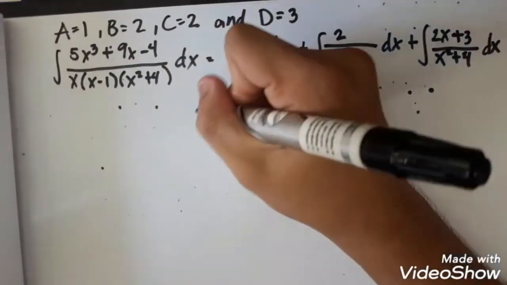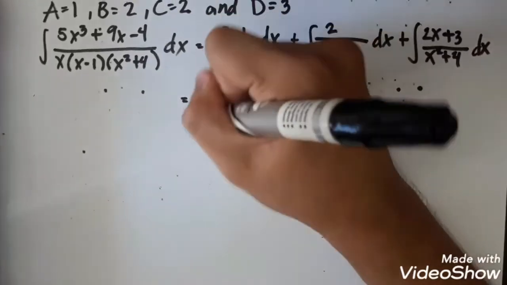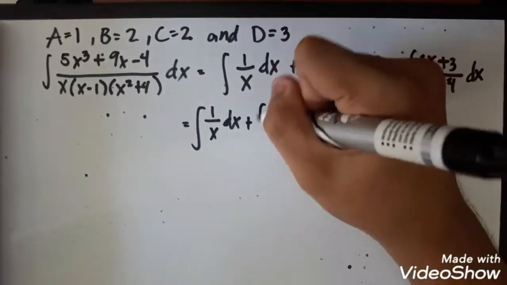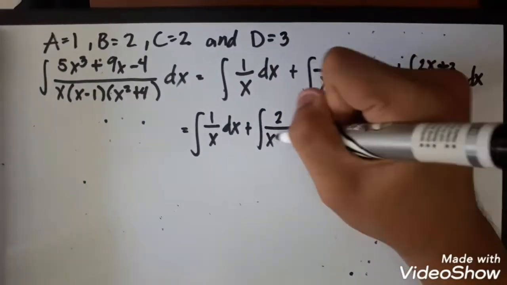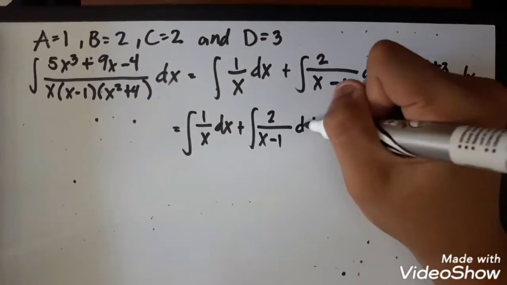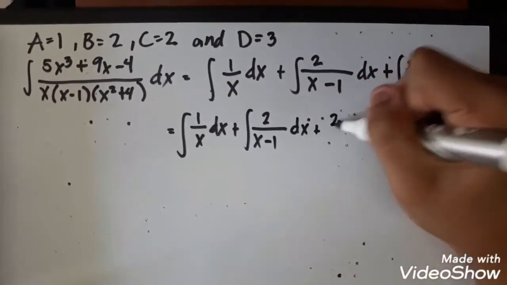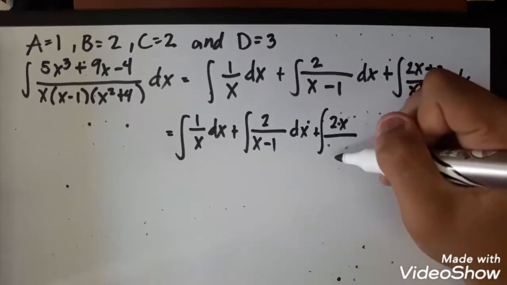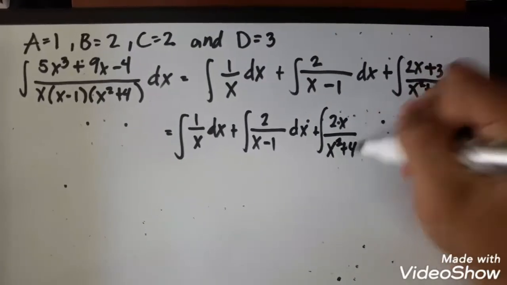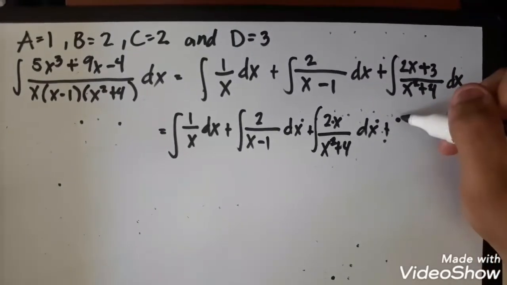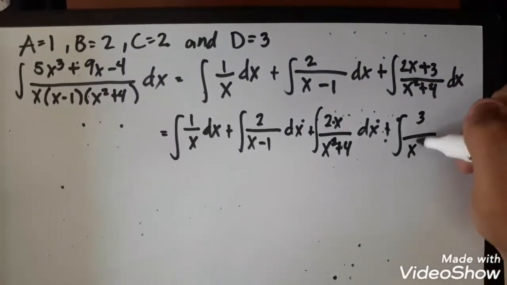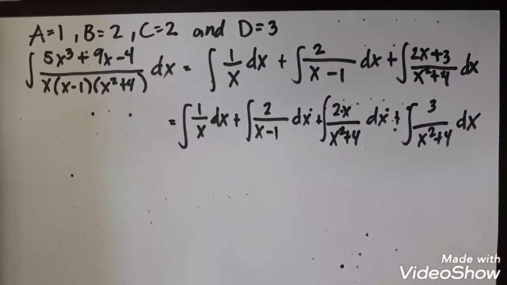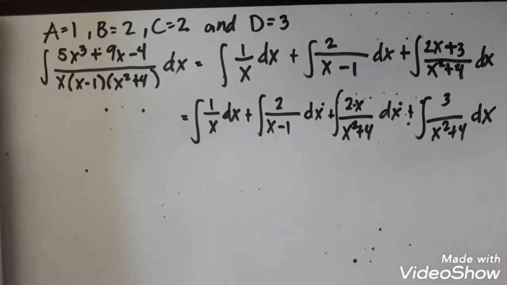So the integral of 1 over x dx, plus the integral of 2 over x minus 1 dx, plus the integral of 2x over x squared plus 4 dx plus the integral of 3 over x squared plus 4 dx. The first two integrals are easy, one-step natural logarithm integrals.